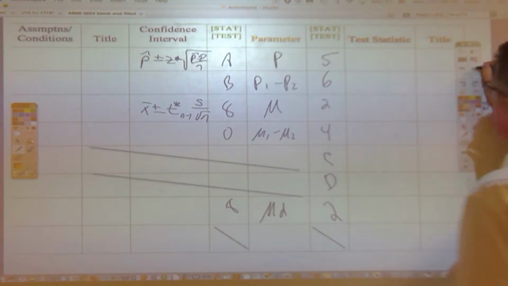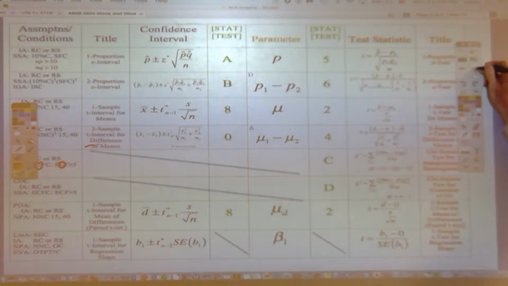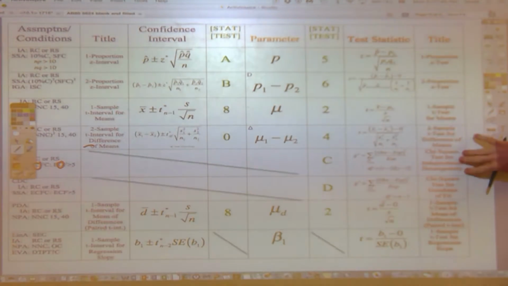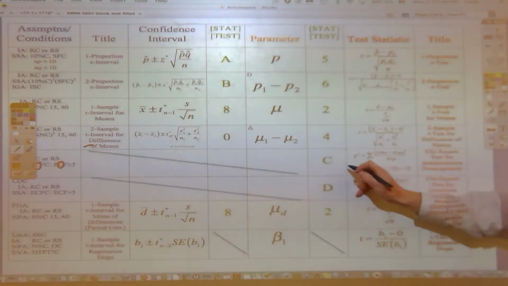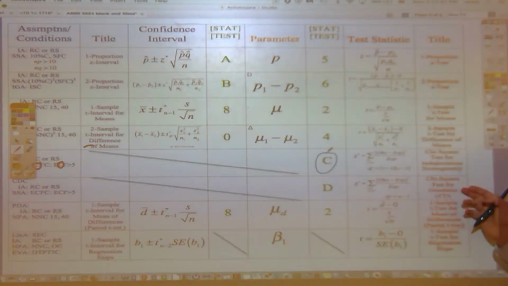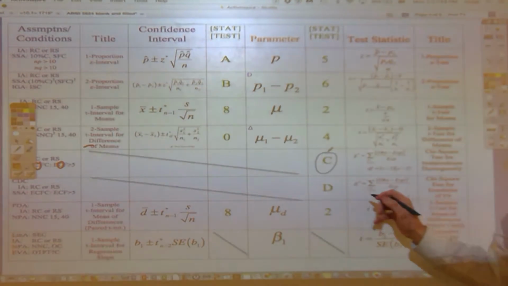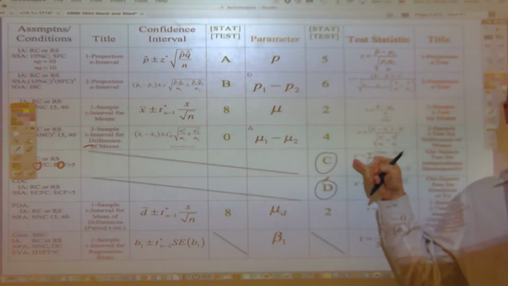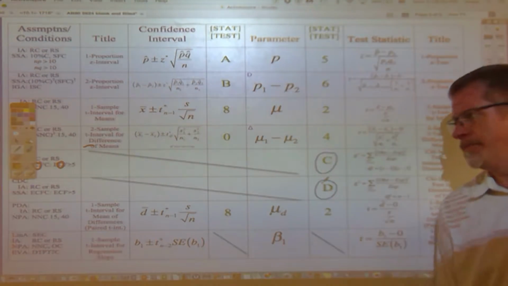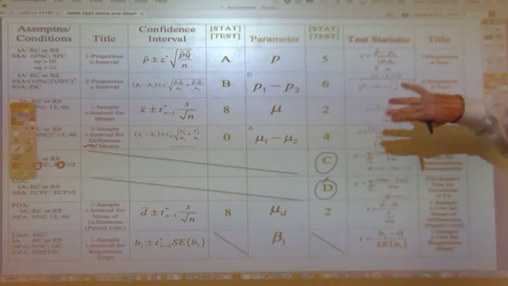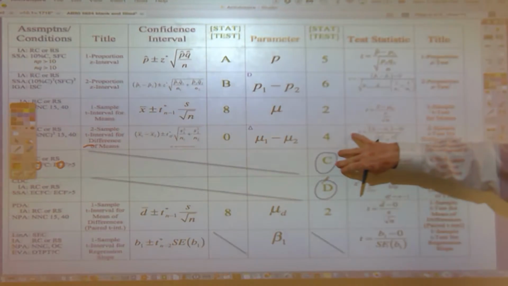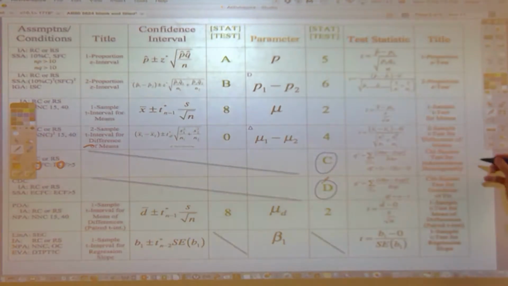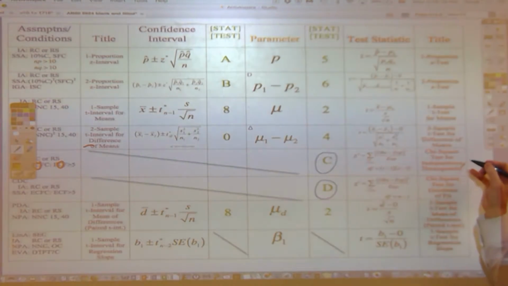I happen to have mine right here, and notice that there are 3 chi-squared tests. 2 of them are stat test C, and one of them, the chi-squared test for goodness of fit, is stat test D. Now, just a heads up so that you understand when to use stat test C and when to use stat test D. Stat test C is used when you are given a two-way table. And mathematically, chi-squared tests for independence and homogeneity are identical.